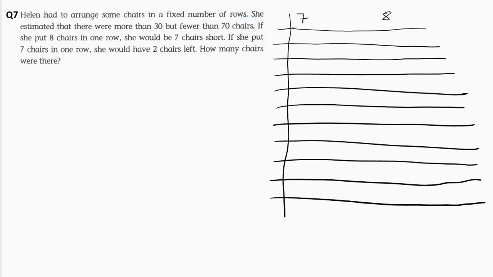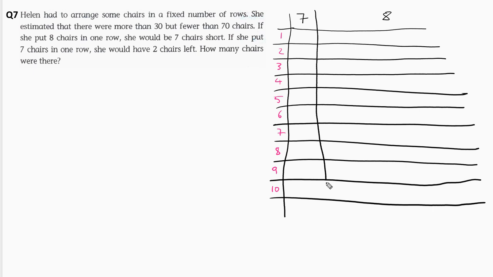Okay, so let's use some colors. 1, 2, 3, 4, 5, 6, 7, 8, 9, 10. I don't need to go further than this. I've been told that there's more than 30 but fewer than 70. I probably don't even need to put the early numbers in there, but I'm going to do it anyway.